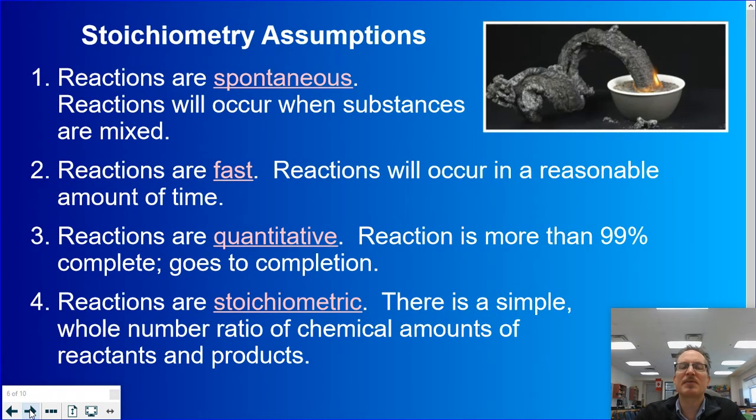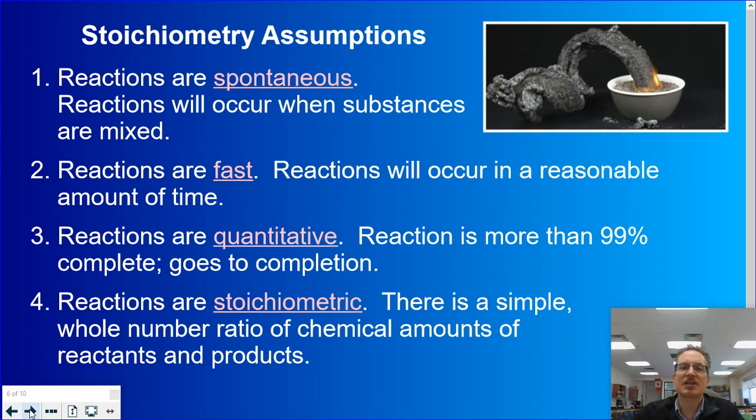No matter which type of stoichiometry we are doing, there are always 4 assumptions that we have to make. In stoichiometry, all reactions are spontaneous, fast, quantitative, and lastly, stoichiometric.